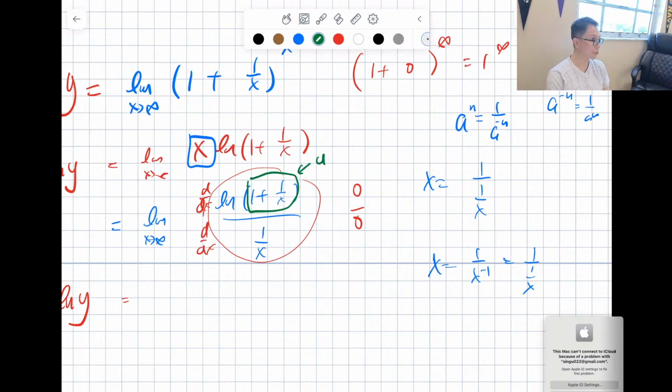So remember, this is a u. What's the derivative of natural log? u prime over u, right? So that means on the bottom is 1 plus 1 over x. What's on the top? What's the derivative of 1 over x? X to the negative 1, so it'll be negative 1, x to the negative 2, right?